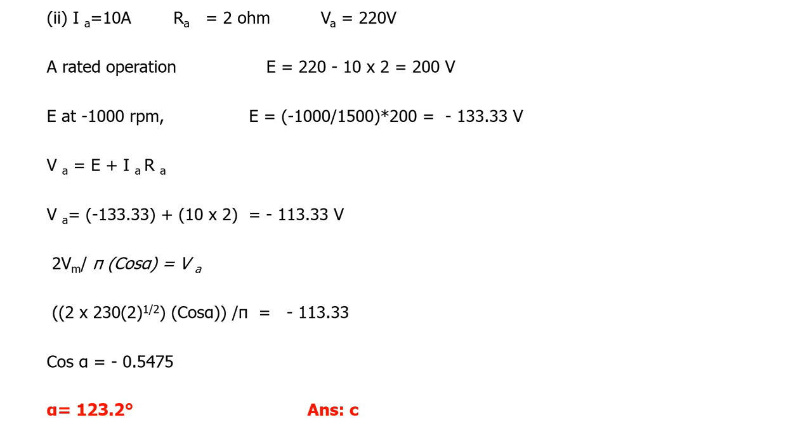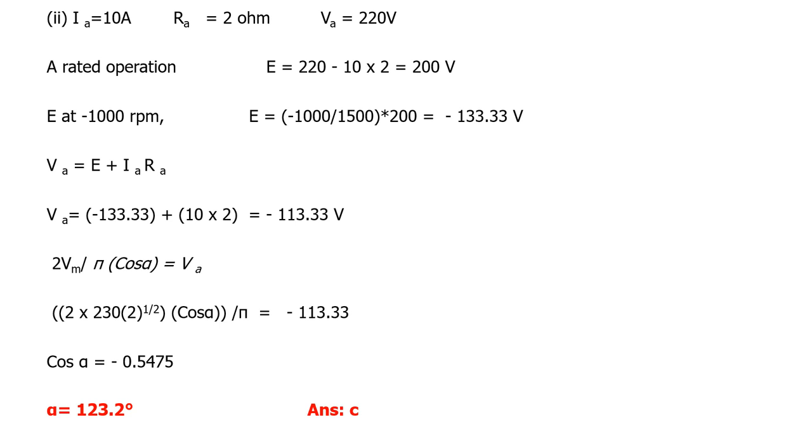I know my E. Next step, I have to calculate VA, where VA is equal to E plus IA RA. Substituting E as minus 133.33 plus IA as 10 amps into RA as 2 ohm, my VA is equal to minus 113.33 volts. For fully controlled converter fed DC drives, VA is equal to 2 Vm cos alpha divided by pi.